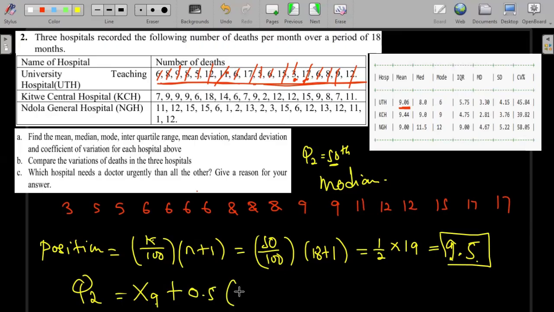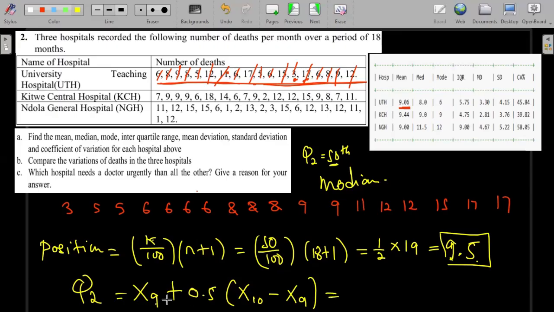And then I multiply this by the X value on the 9 plus 1 position, so the 10th position, minus the X value on the ninth position. So we're using interpolation here.